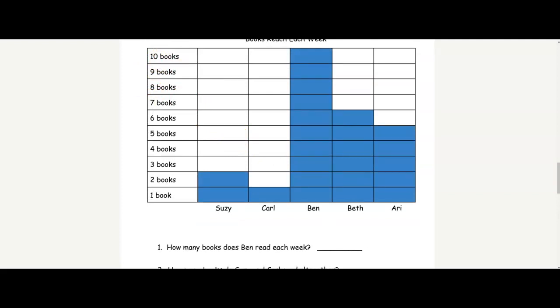Ben, his blue is filled all the way to the top. And the most number of books he can read is 10 books. So since the blue is filled all the way to the top, Ben reads 10 books each week.